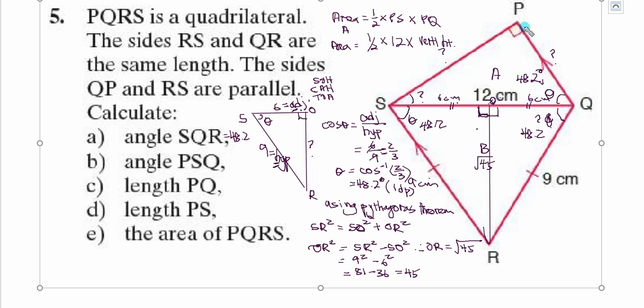PSQ. Okay, now let's talk about triangle PSQ. This angle plus this gives you 180. Angle PSQ plus 90 degree, then plus 48.2, is equal to 180.